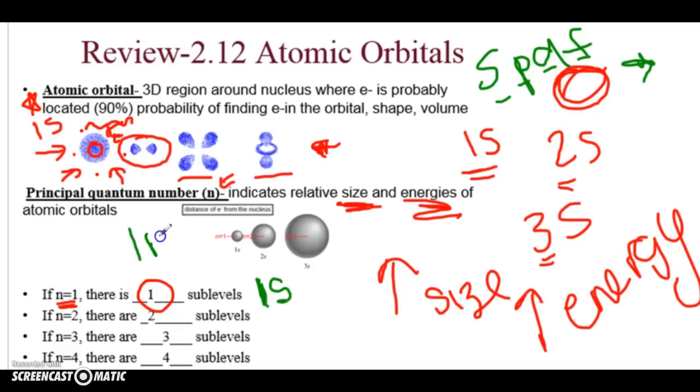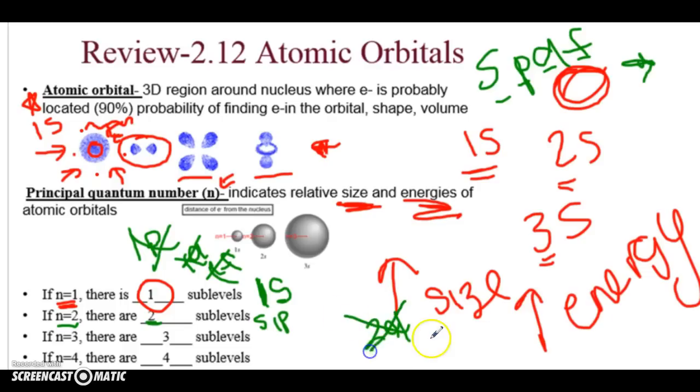There's no such thing as a 1p, a 1d, or a 1f. If N is 2, you can only have 2 sublevels, S and P, so there is no such thing as a 2d or a 2f. For 3, S, P, and D, and of course for 4, you can have S, P, D, or F.